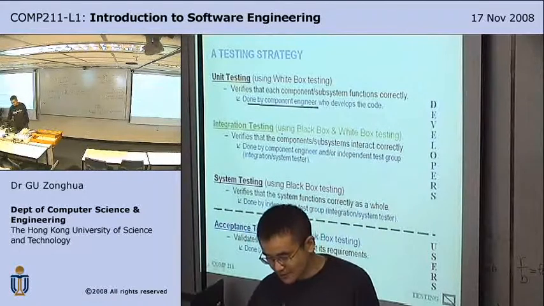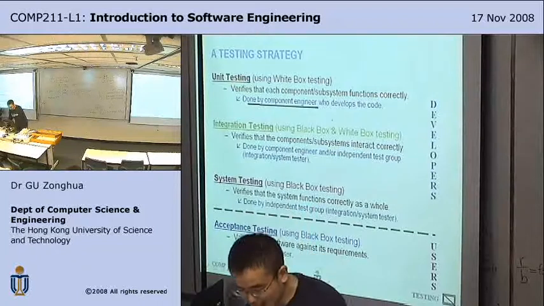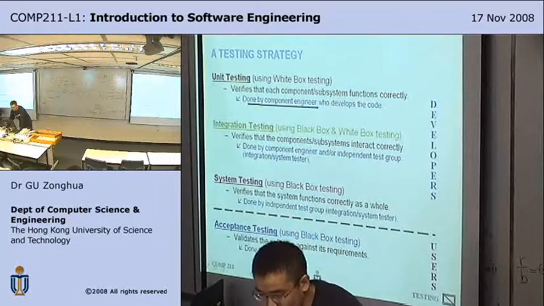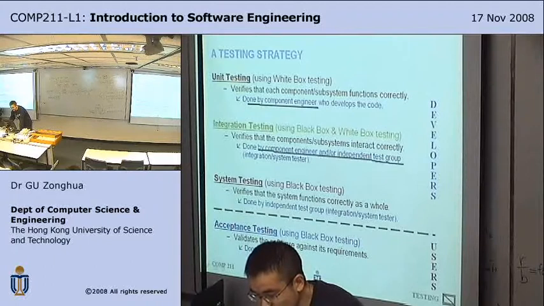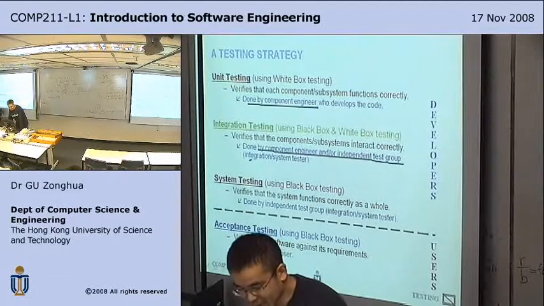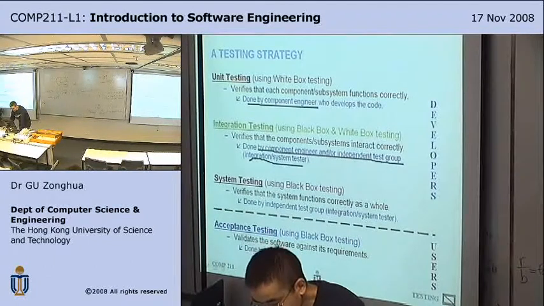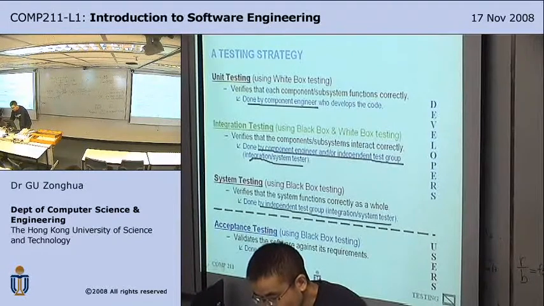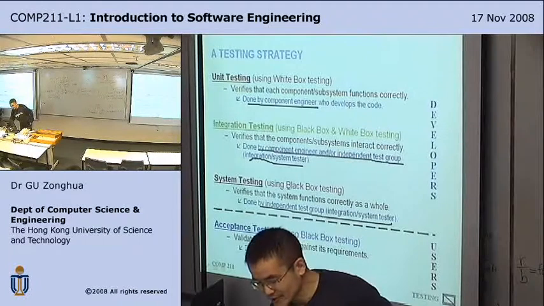Perhaps for some parts use white box and some parts with black box. So done by the component engineer and or independent test group as integration system testers. And system testing is done by the independent testing group with black box testing.